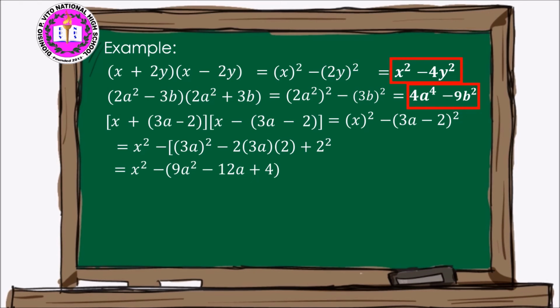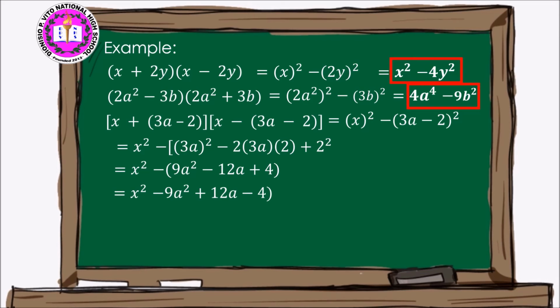The square of 3a is equal to positive 9a squared. Then negative 2 times 3a times 2 is equal to negative 12a, plus 2 squared is equal to positive 4. Therefore, we have x squared minus (9a squared minus 12a plus 4).